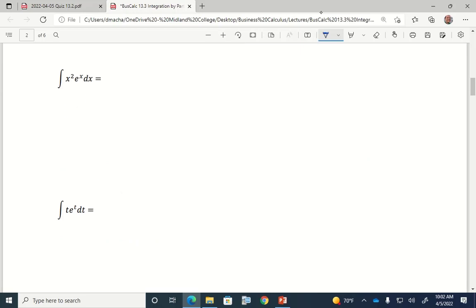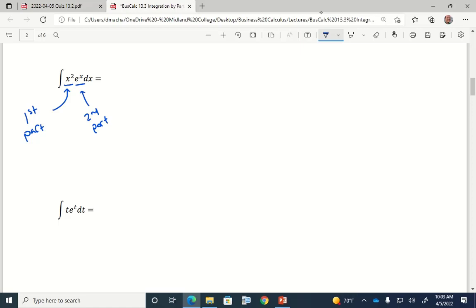I have the antiderivative of x squared times e to the x with respect to x. So my integrand is x squared times e to the x. So I might say that x squared is going to be my first part, and that e to the x can be my second part. Okay.